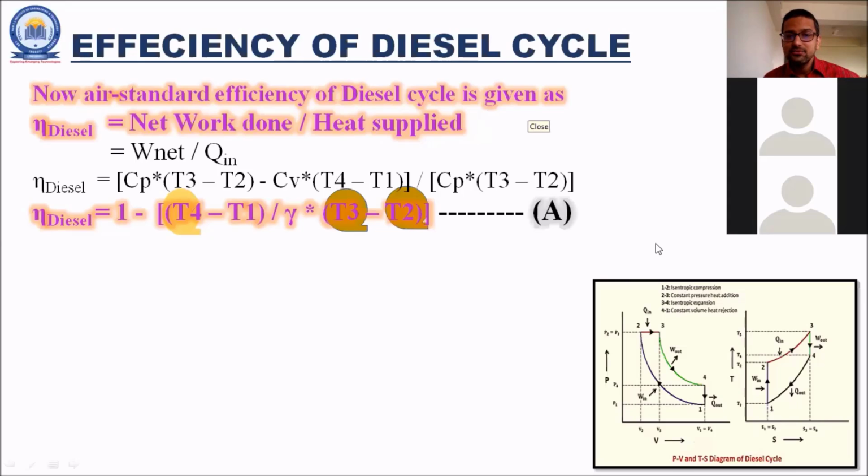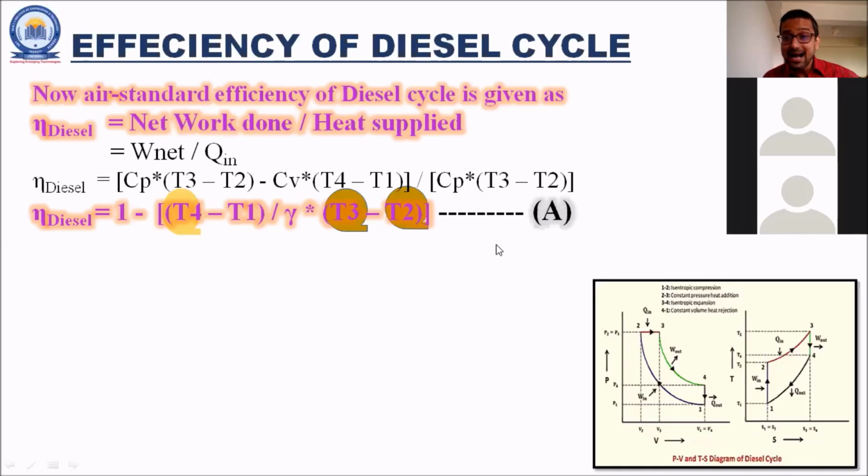It is very easy to understand. Just remember the concept: Cp (T3 minus T2) minus Cv (T4 minus T1) divided by Cp (T3 minus T2). So when this is divided by this term, the complete term is cancelled out. So I am getting 1 minus Cv upon Cp times (T4 minus T1) divided by (T3 minus T2).